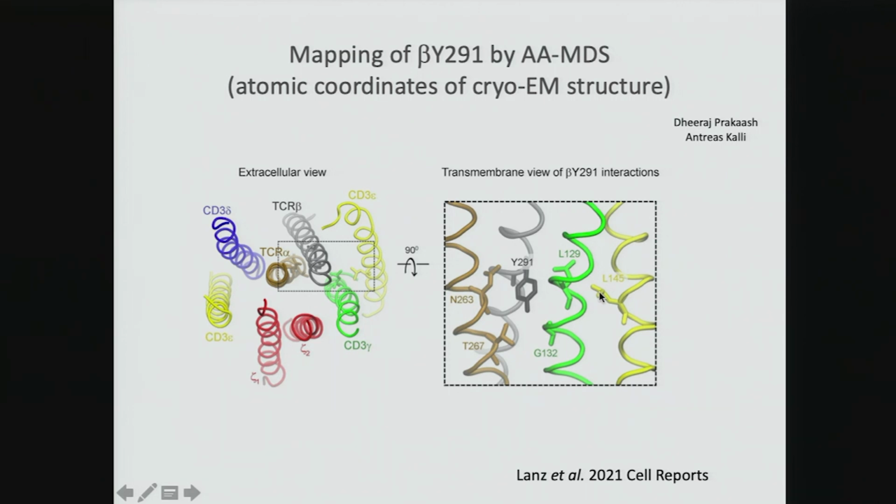They seem distant here, but in space they're quite close to each other. The possibility was that substituting this tyrosine with a small side chain like alanine could be creating space and inducing some movements.